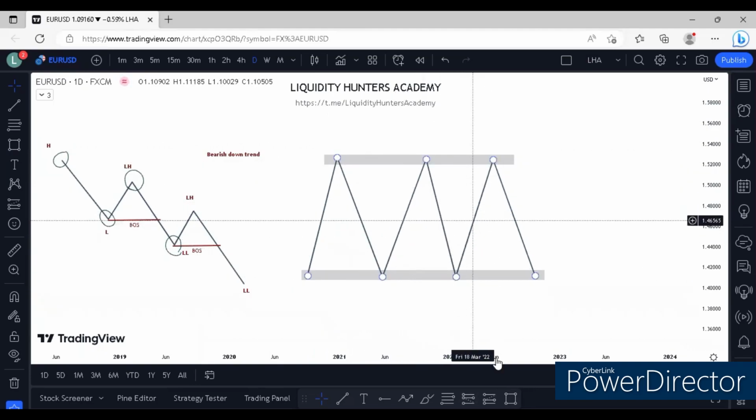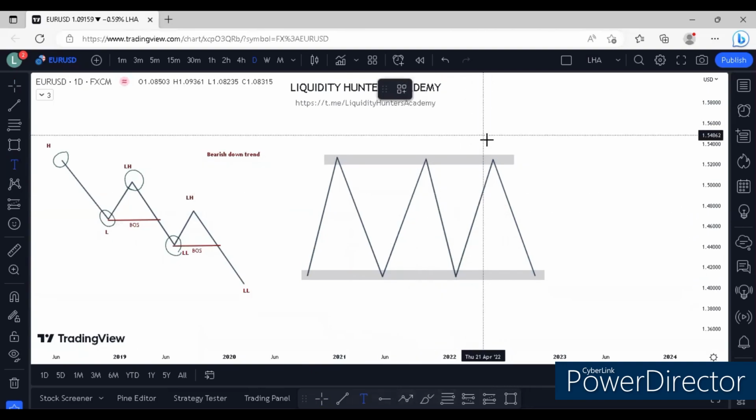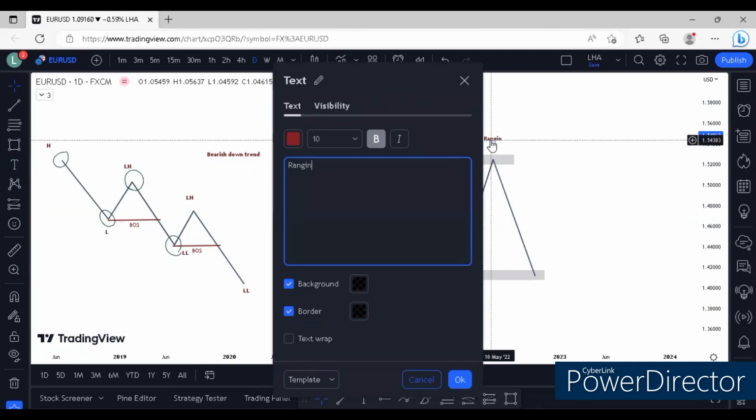So in this level, we can call this a ranging market or consolidation, accumulation, distribution.